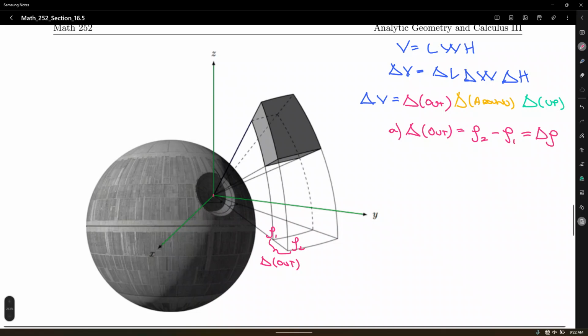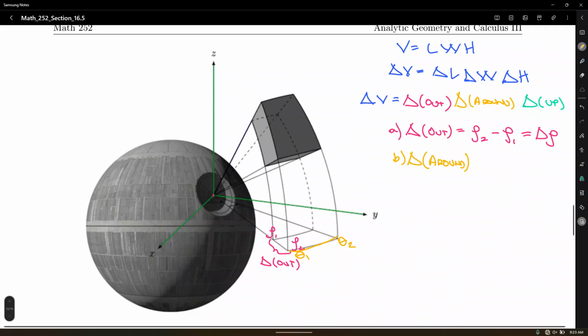So that's part A. Now part B. What about the delta around? Around what? That's going to be our delta around from the angle theta 1 to theta 2. If you look at the perspective, doesn't that look like the polar angle, the angle that goes around the sphere? But hold on, this cannot be just theta 2 minus theta 1 and just call it delta theta.